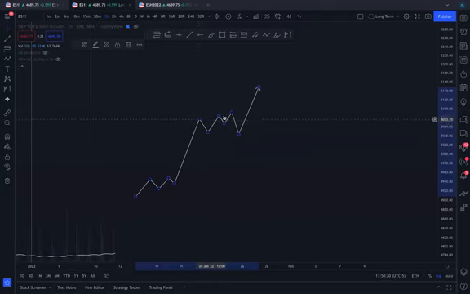And then price finds an area where sellers are a little more willing to participate. And basically, you have to remember that every trade has a buy and a sell, right? Generally what's happening is the market buy orders are consuming the limit sell orders and vice versa.